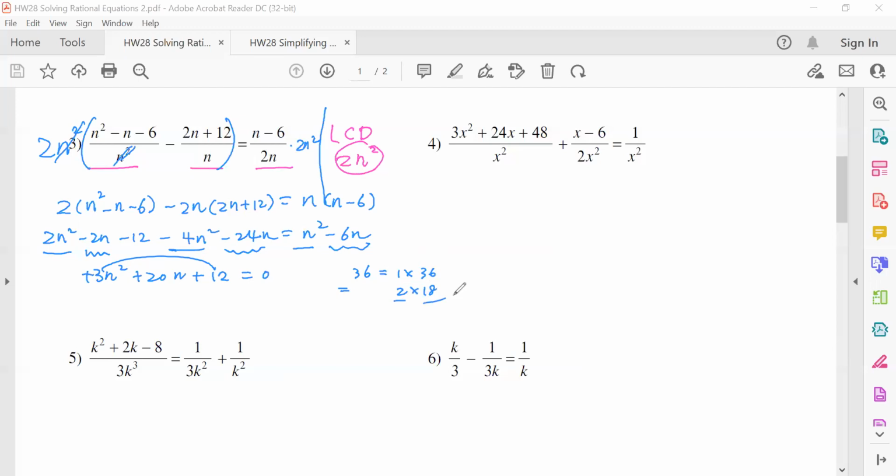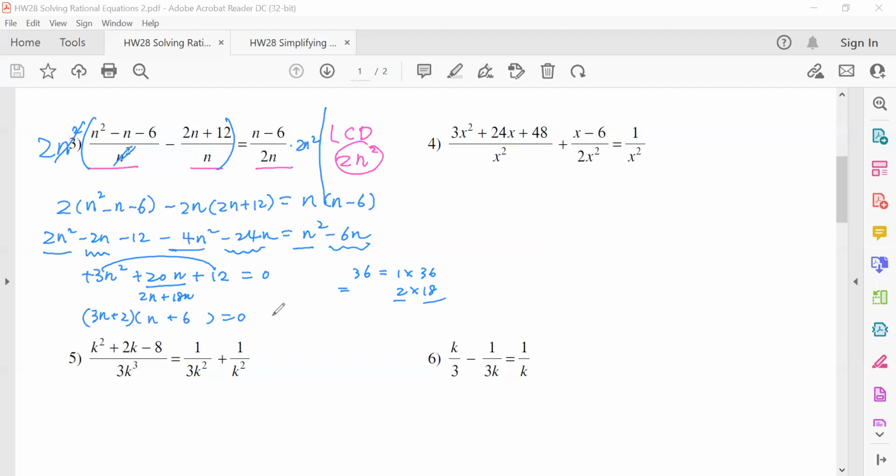That gets 20. So here it means breaking down into 2n plus 18n. So it's easy for us: 3n plus 2, and the next, n plus 6. So you get 3n squared, 18n, 2n, 18, which is 20n. Here we get 12 equals 0.